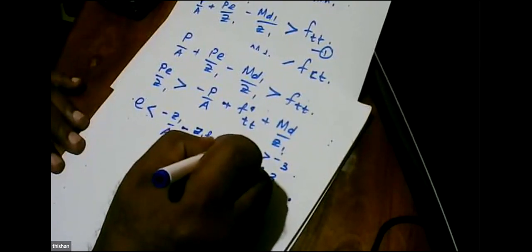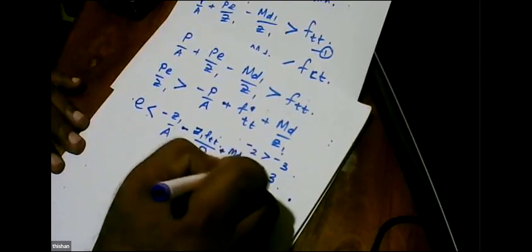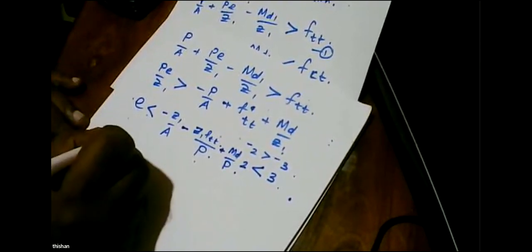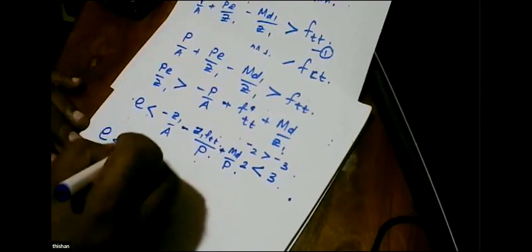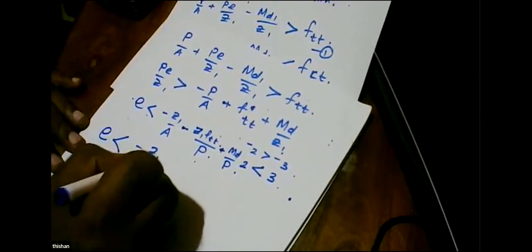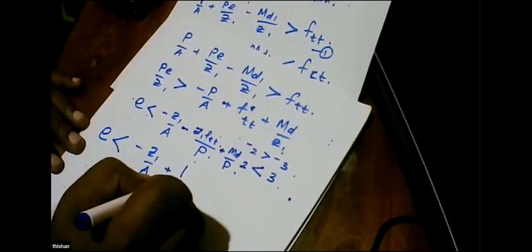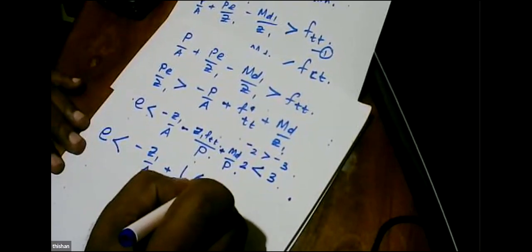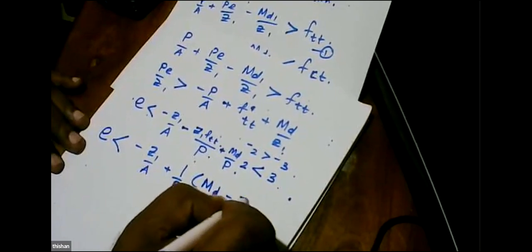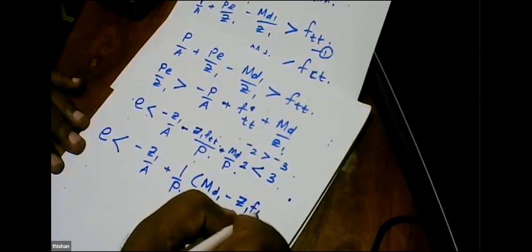Plus MD over P. So I'm going to write E should be less than minus Z1 over A plus 1 over P MD1 minus Z1 FTT.